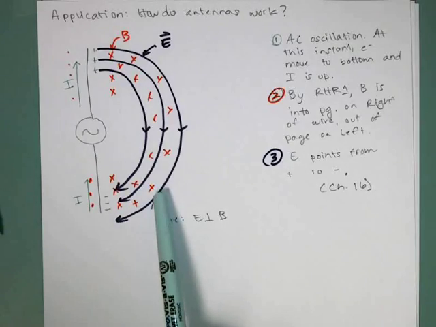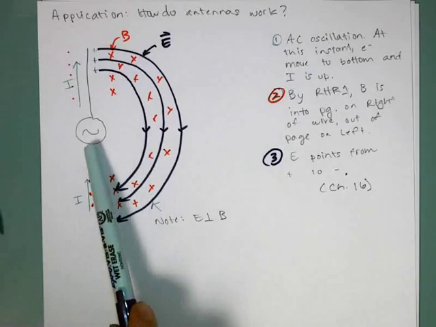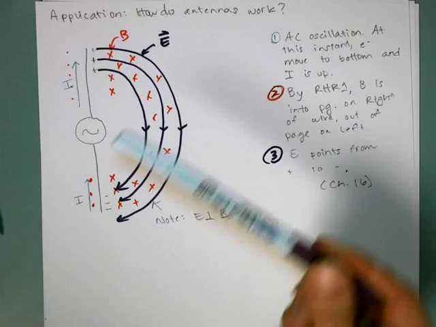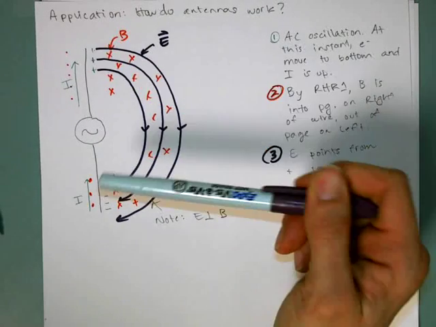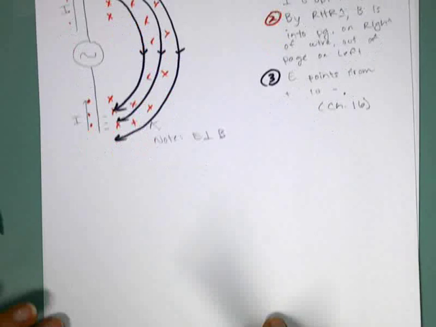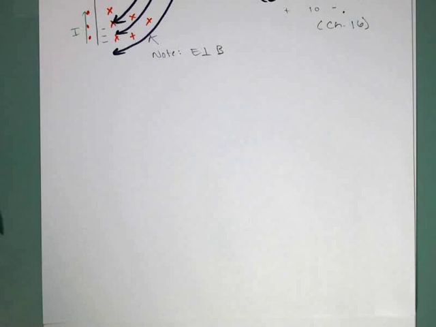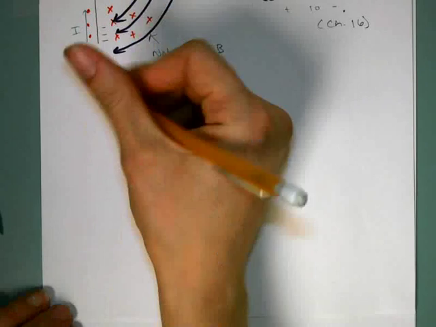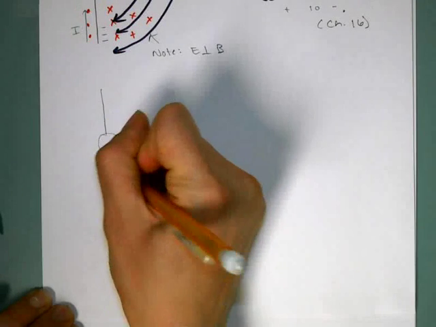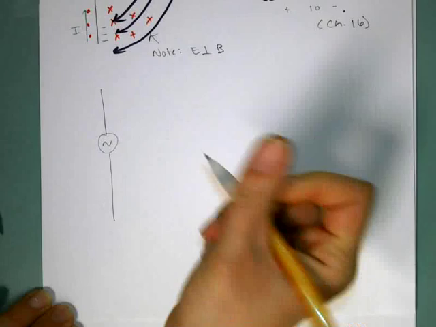So a short time later, this is not going to be the configuration anymore. Remember this is an AC signal, so it's going to be constantly flipping. Rather than having the positive charge up here, we're going to end up with the positive charge down here. So a very short time later, this is going to instead look like this.